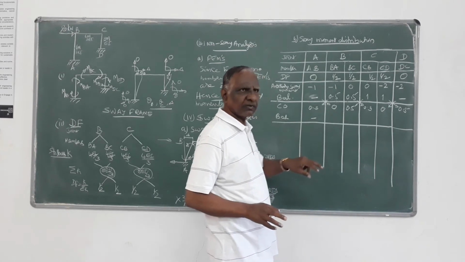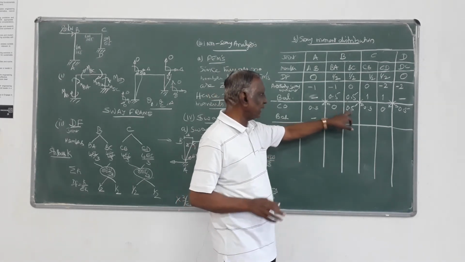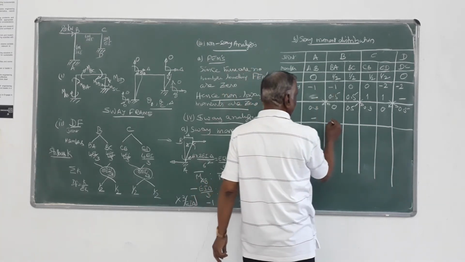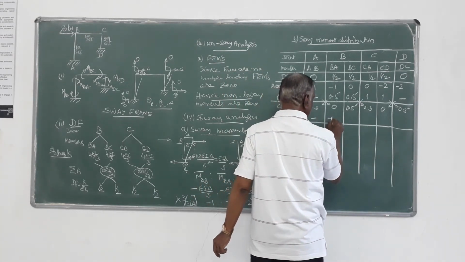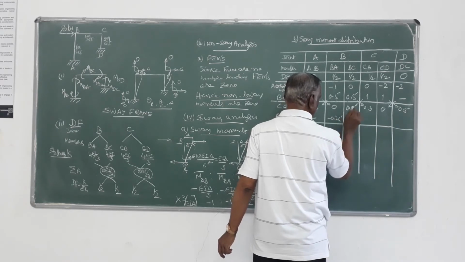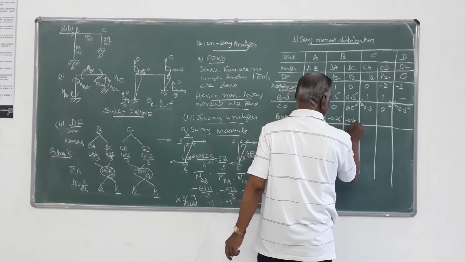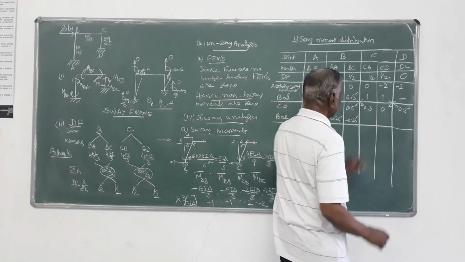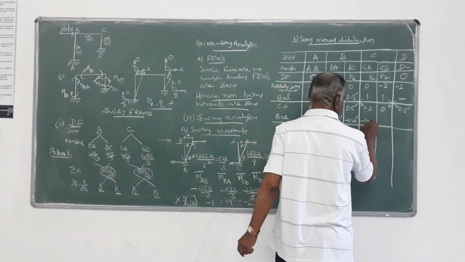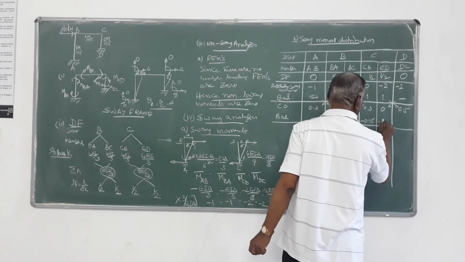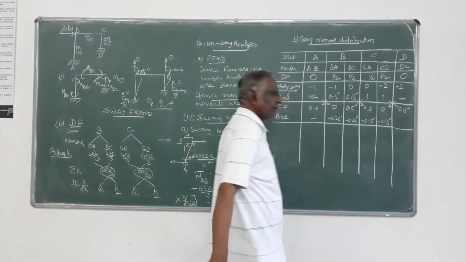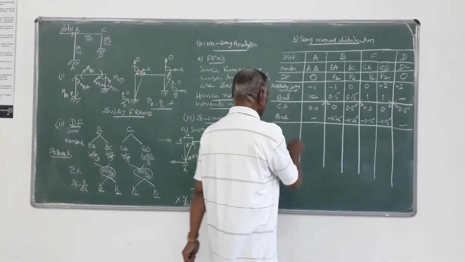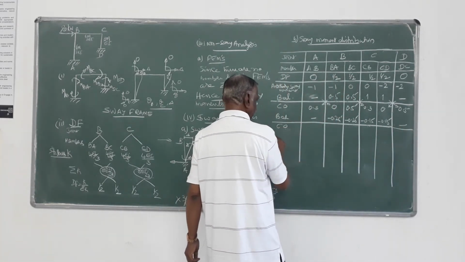Here 0.5 is the sum of the moment. Balancing moment will be minus 0.5. So minus 0.5 by 2, it is minus 0.25, minus 0.25. Here it is 0.3, so it is minus 0.15, minus 0.15. Here nothing. Then you can do one more carryover.